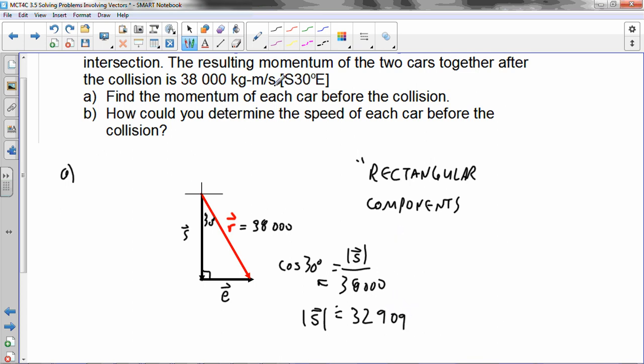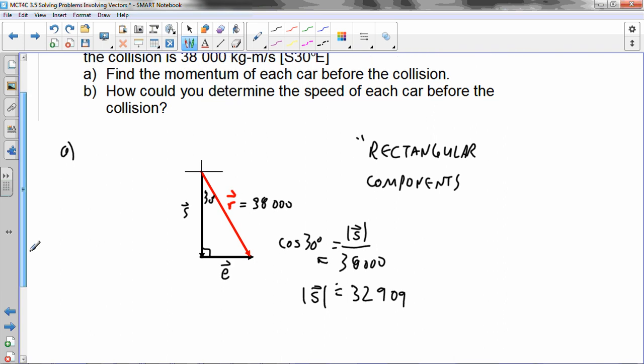I guess that's the units for momentum. It's kind of like a physics thing, I guess. And then the sine is the easterly component. And again, these are special angles, but we're just firing it into a calculator at this point.